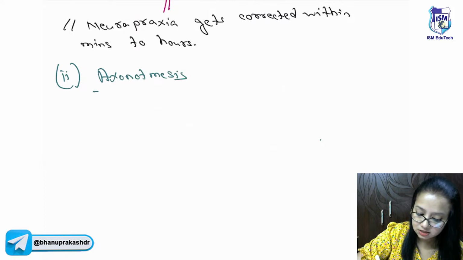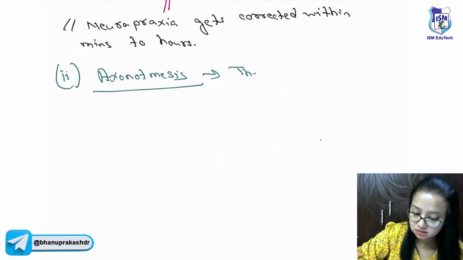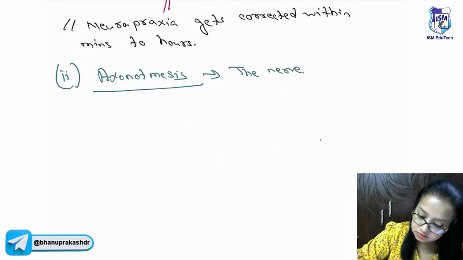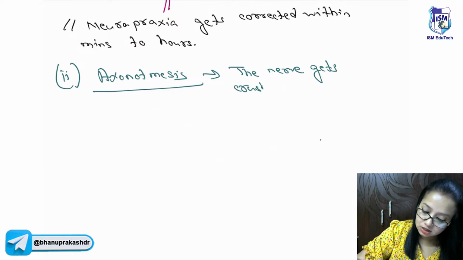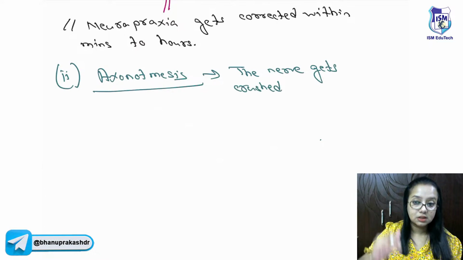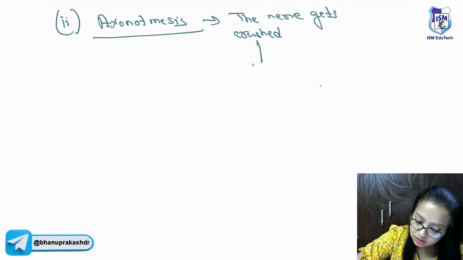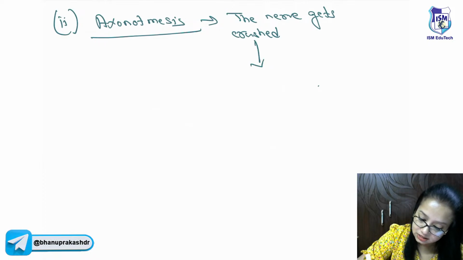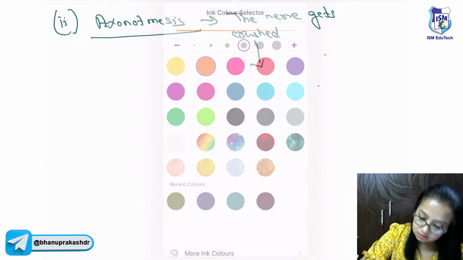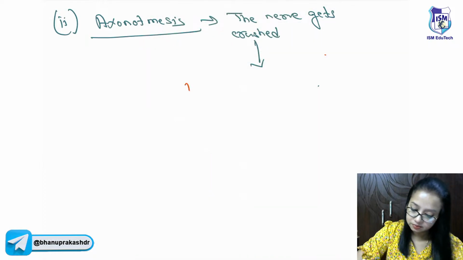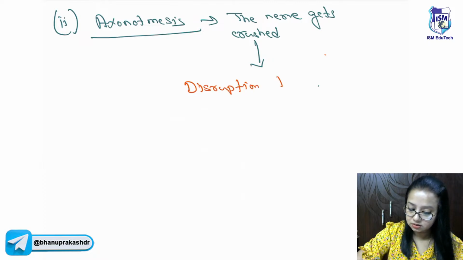Okay. Now the second classification, the second type of injury, that is axonotmesis. Now here the nerve gets crushed. In praxia, the nerve got compressed. Here the nerve gets crushed. So when the nerve gets crushed, there is disruption to the axon.